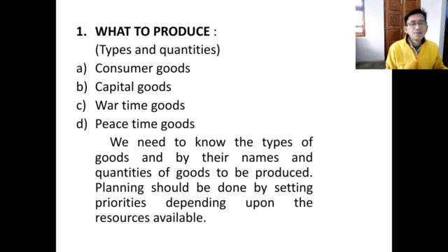Number two, capital goods. Number three, wartime goods. And number four, peacetime goods. We need to know the types of goods by their names and the quantities of goods to be produced. Planning should be done by setting priorities depending upon the resources available.